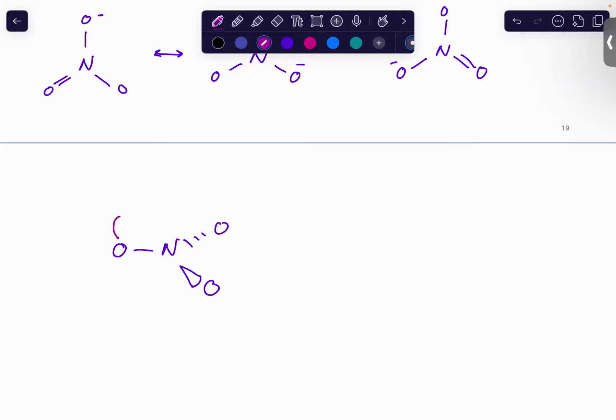Okay, so we're going to get a p orbital there, p orbital there. So we're going to get orbitals like this. Now, what we have is this kind of structure here, where you can say that the negative can be on any one of these, either one of those.